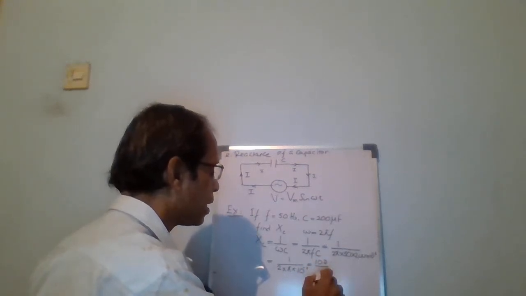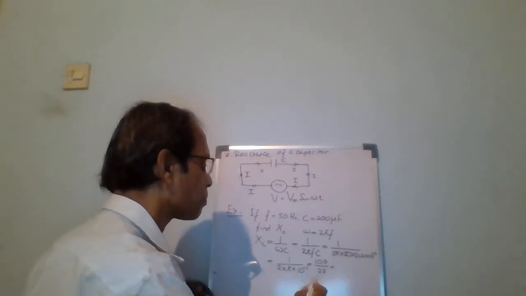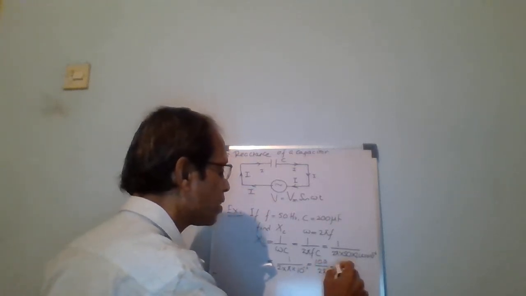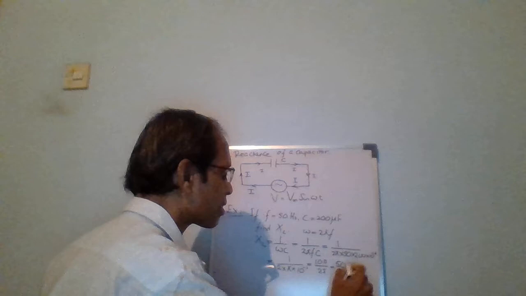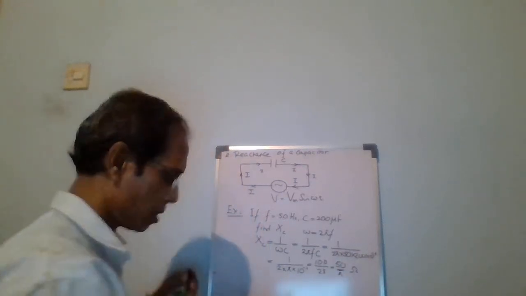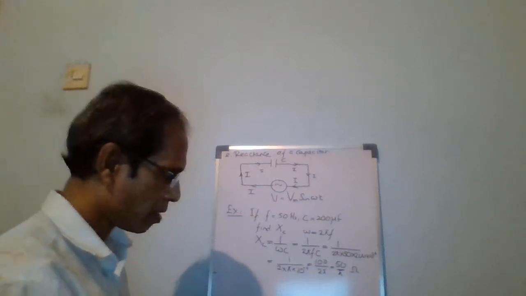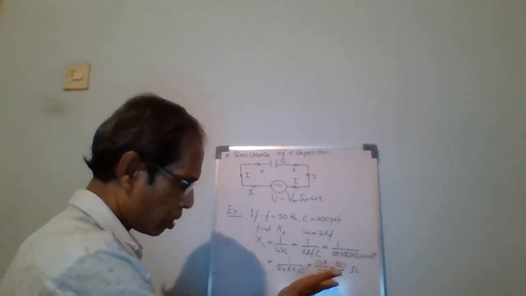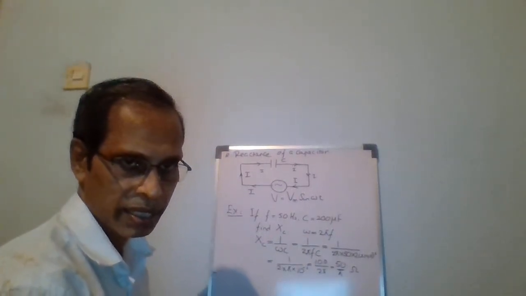That is 100 divided by 2 pi, which we can write as 50 divided by pi. We can find the final answer in ohms. Just simplify using a calculator.